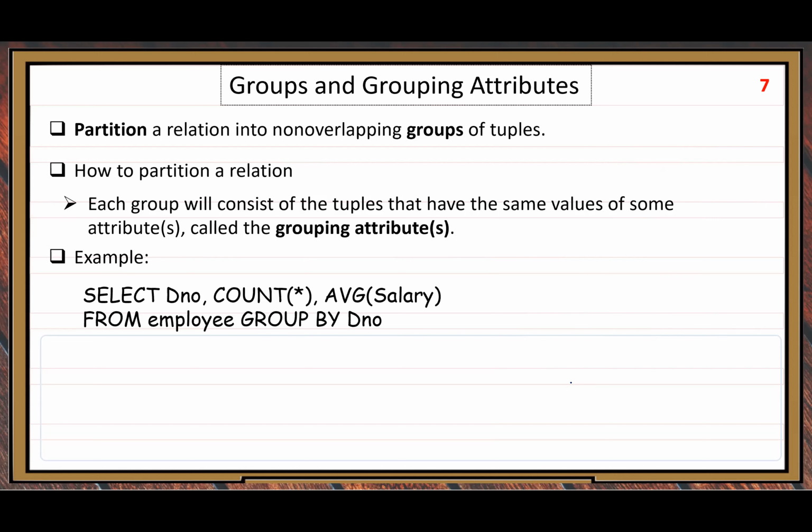Then you return a list of tuples, each with the department number, the number of employees, and the average salary.